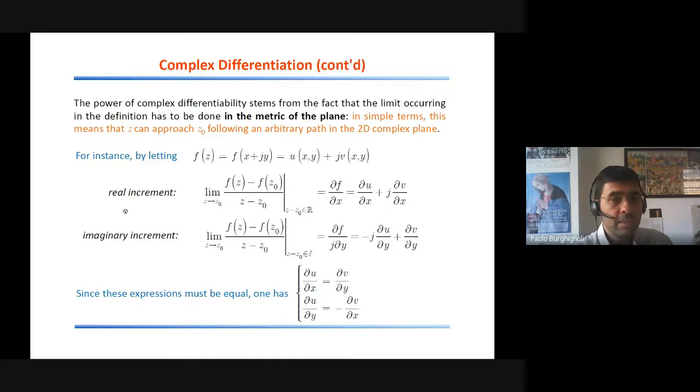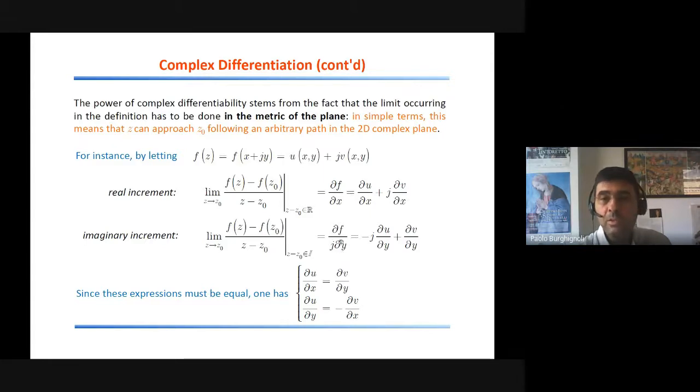However, an alternative possibility is to give instead an imaginary increment to the z variable. In this case, the denominator of the incremental ratio is purely imaginary, and it is equal to j times the increment along y, which is the vertical or imaginary axis.